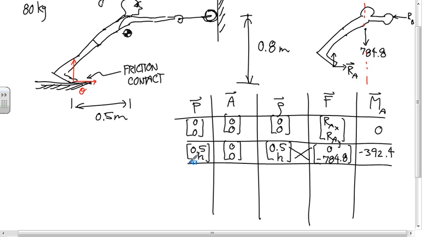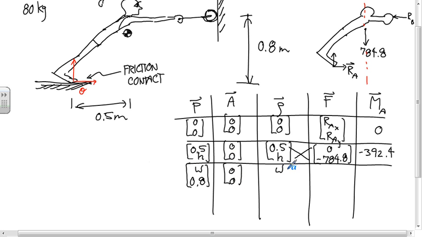And the same thing is going to happen with the horizontal location of this roller. So I'll call that W for width because we don't know the x coordinate. We do know the y coordinate is 0.8 positive. The about point is the origin.